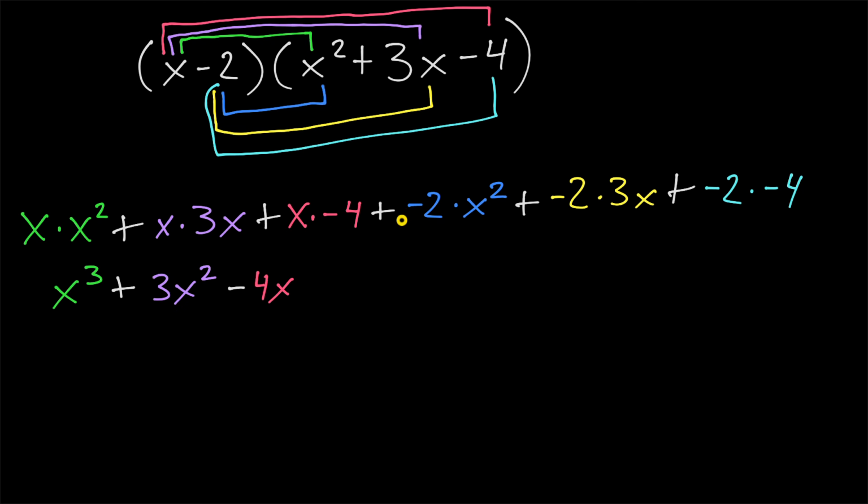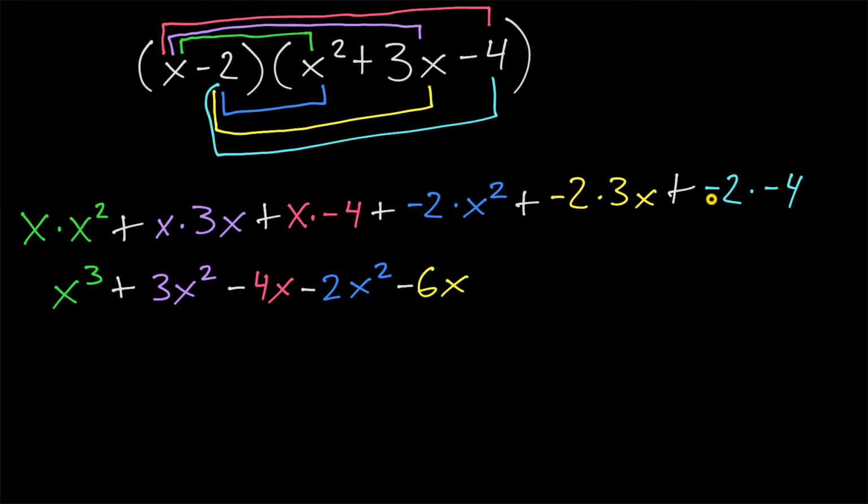Now, again, over here, it's tempting to put a plus sign, but look at what we have here. We have a negative 2 times a positive x squared, and so we're going to have a negative 2x squared. Once again, over here, we're going to have a negative 2 times a positive 3x. 2 times 3 is 6, so we're going to get a negative 6x.